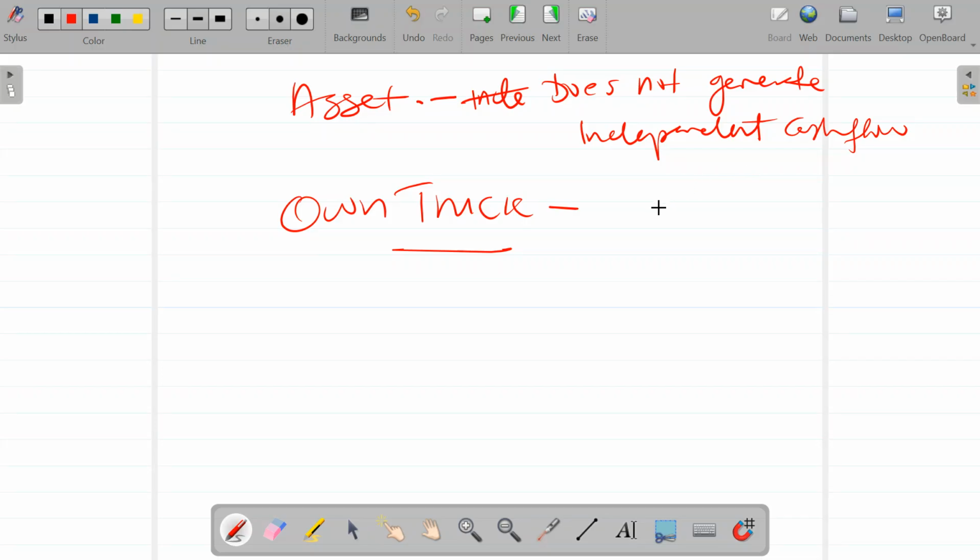The truck can generate benefit for you directly, because you can use it to generate income. But there are some assets that cannot generate income on their own. You have to use them with other assets.